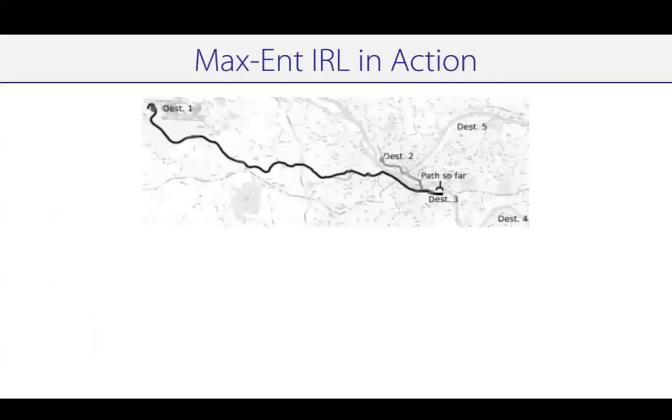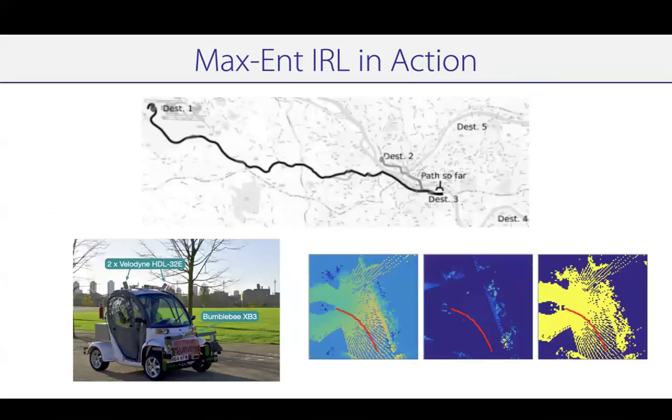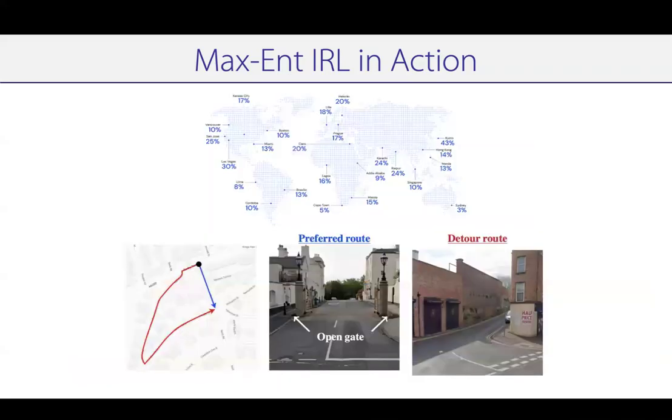Okay, so people did end up using it. This is some work from Oxford, I think, where they were navigating around their campus or the city. And this is some cool stuff from Google Maps, where on the top is shown how much improvement they see in Google Maps performance in different cities.